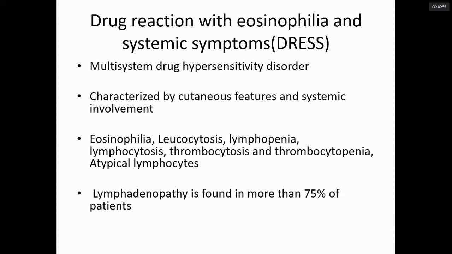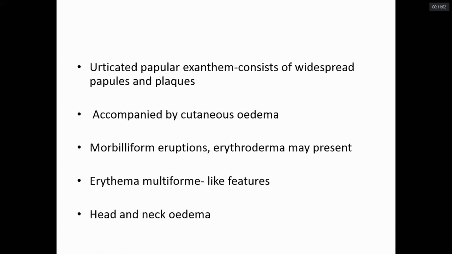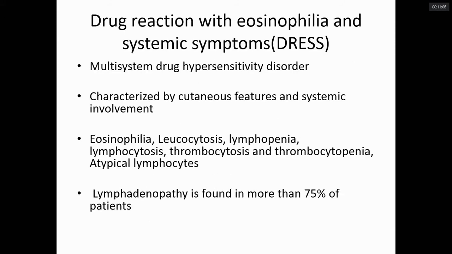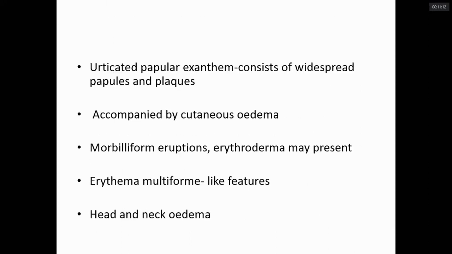Lymphadenopathy is found in more than 75% of the patients. There is generalized lymphadenopathy. The other main systemic feature is also fever. You have to remember fever, lymphadenopathy, eosinophilia plus cutaneous features.